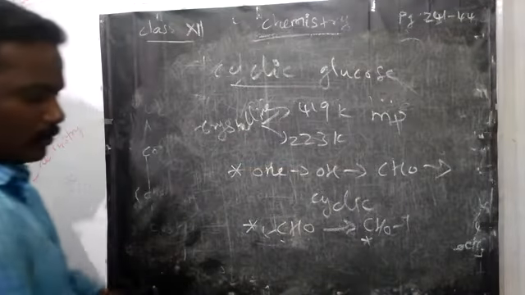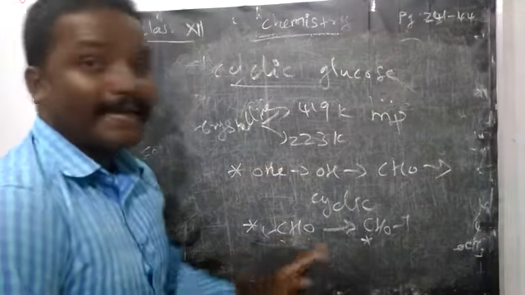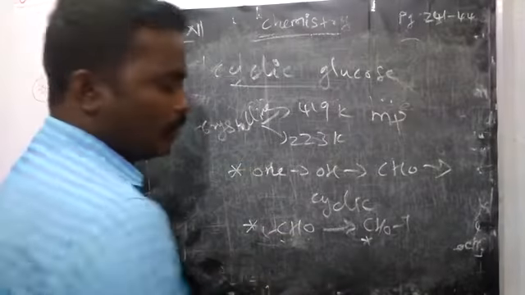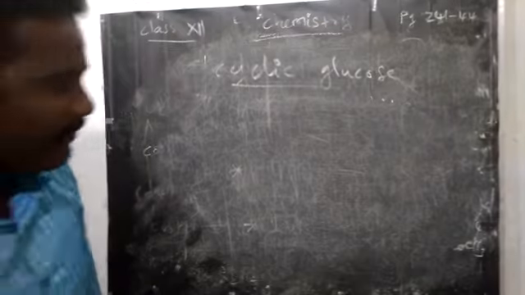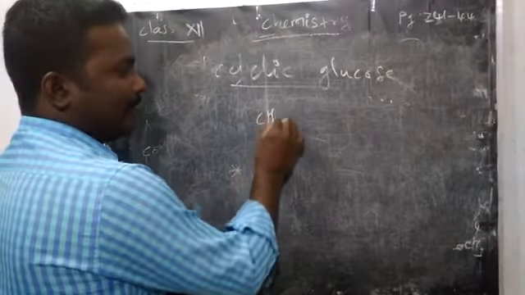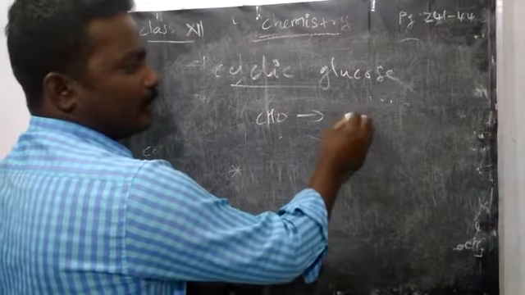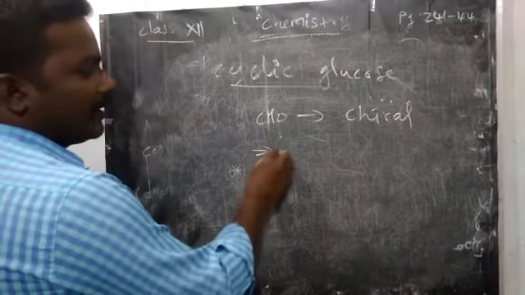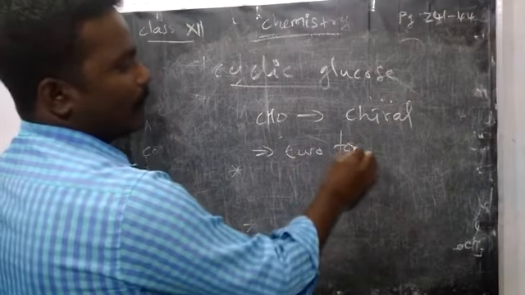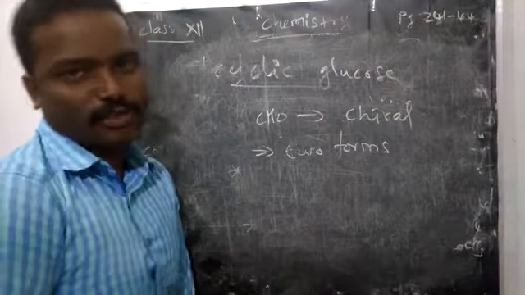Okay, so very important: an aldehyde, an achiral compound, is converted into a chiral compound. Because of this conversion, it may give two forms of isomer.